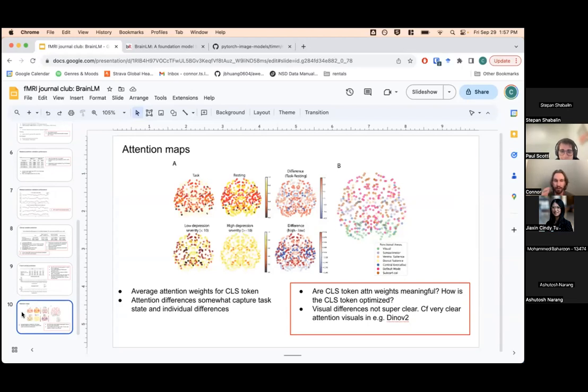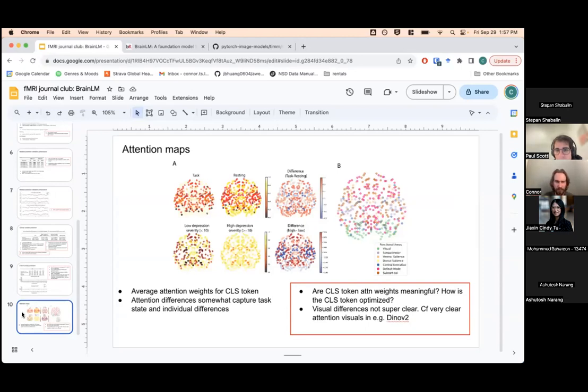So this is showing the average attention maps across all the data for this class token. It's trying to make the point that these attention maps distinguish between, on the top row, different task states, and on the bottom row, different subject level variables, like different scores on a depression index.